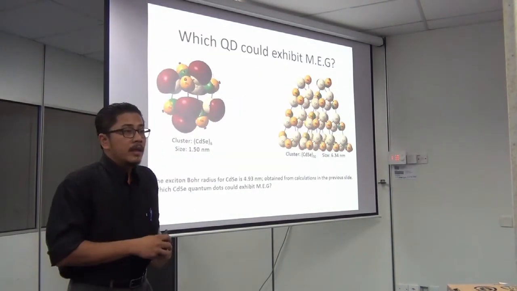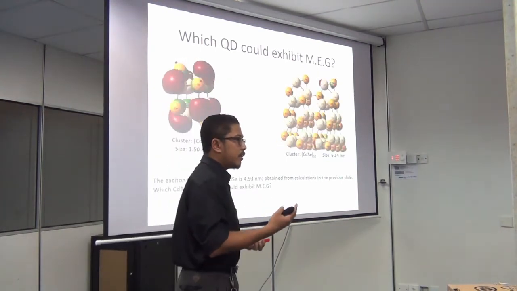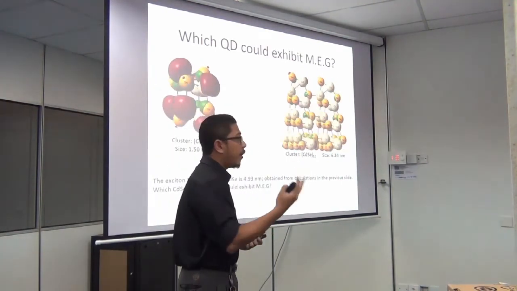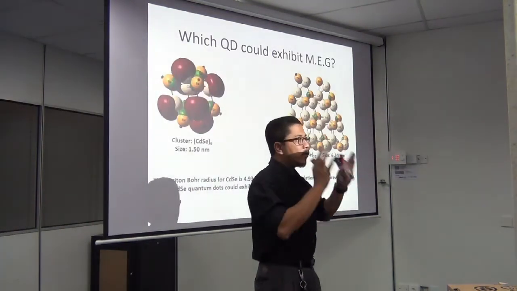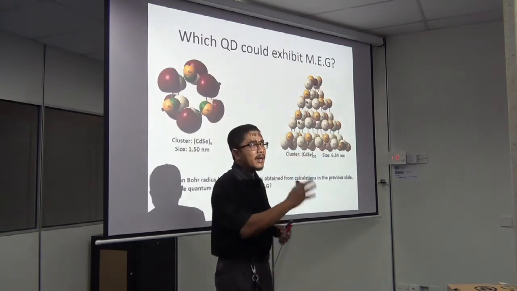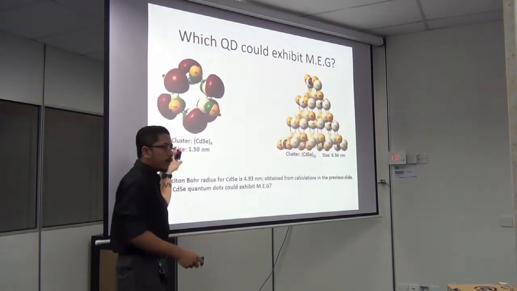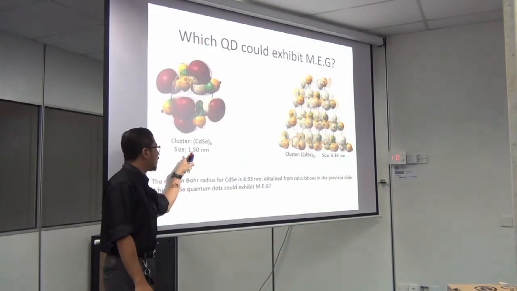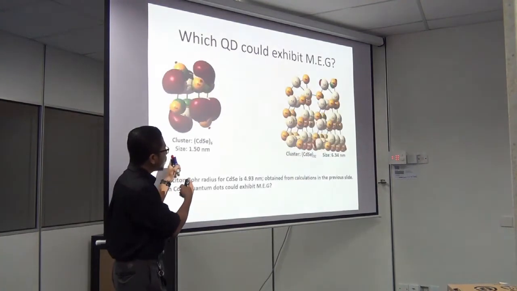So we could produce many types of particles or materials which are lower than 4.93. In cadmium selenide, we could synthesize many sizes of particles which are lower than 4.93. For example, over here, we could synthesize a material with a size of 1.54 nanometer. So, is this quantum dot good enough?